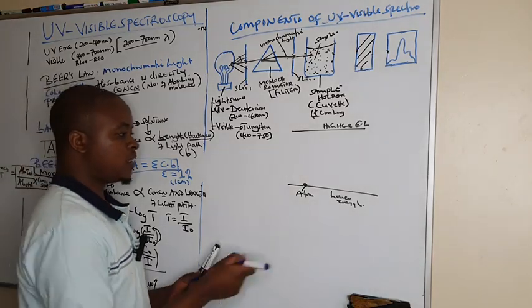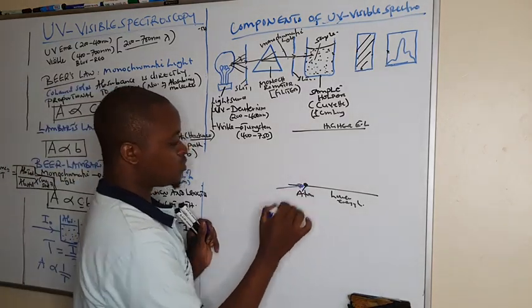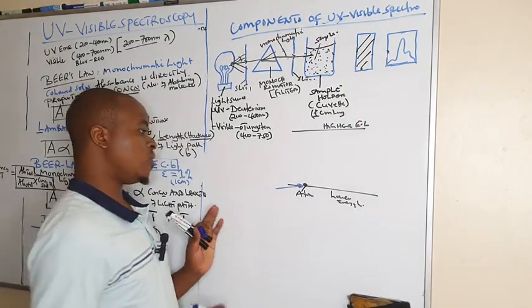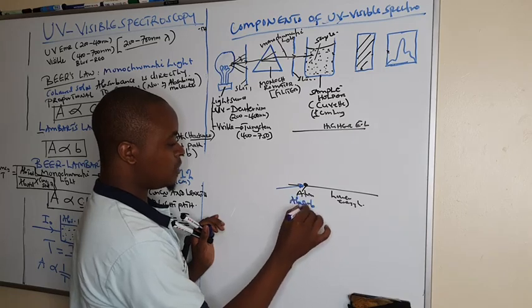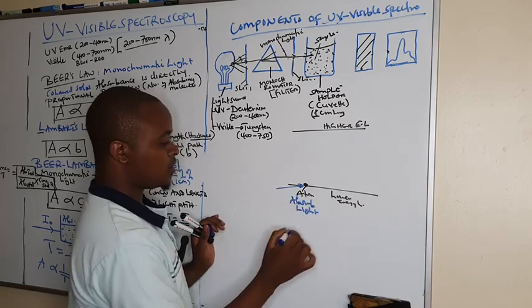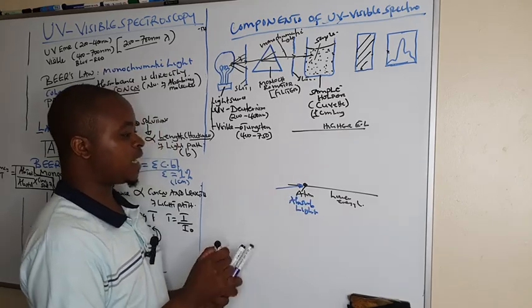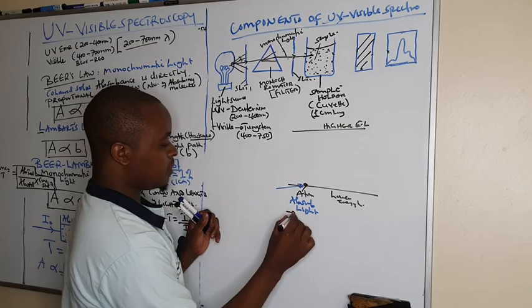So when the light strikes the molecules in a sample or atoms, the atoms are going to absorb light, and after absorbing light, they become excited.